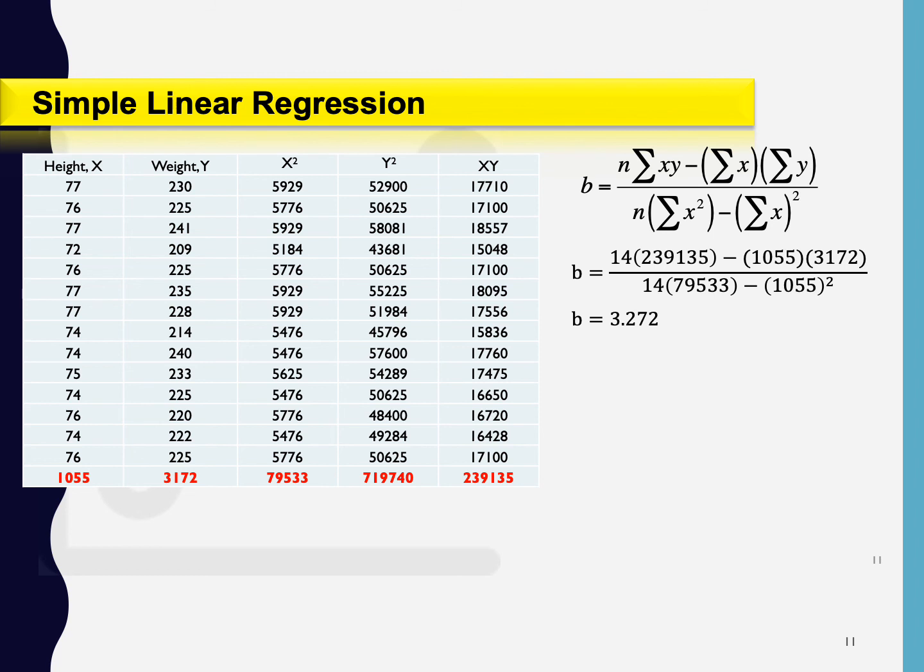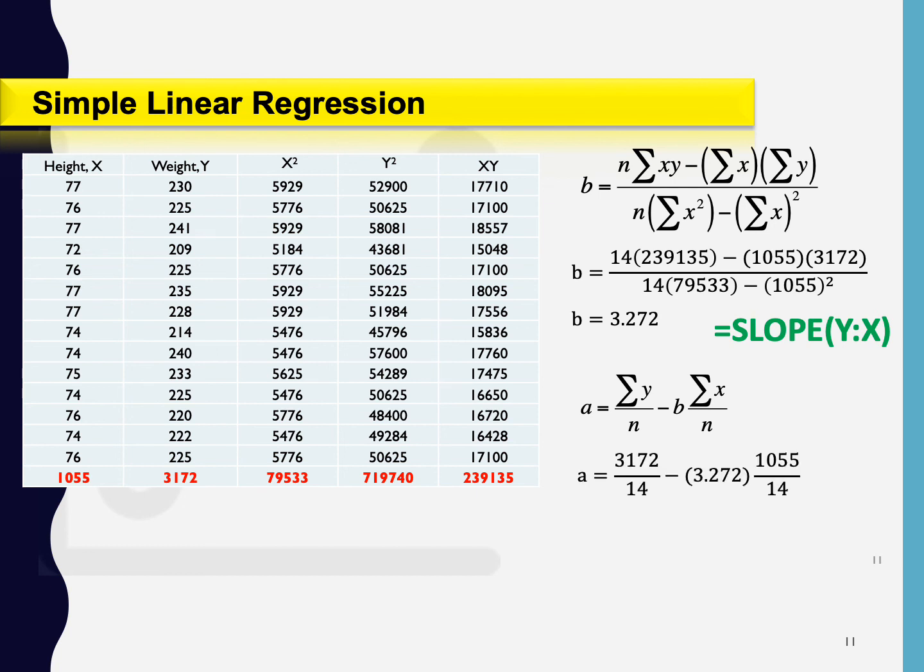That is equivalent to 3.272, or by using the Excel function SLOPE(y, x). After getting the slope, you can solve for the y-intercept. By substituting its values, a, the y-intercept, is equivalent to negative 20.02. To get the value using Excel, the function is INTERCEPT(y, x).